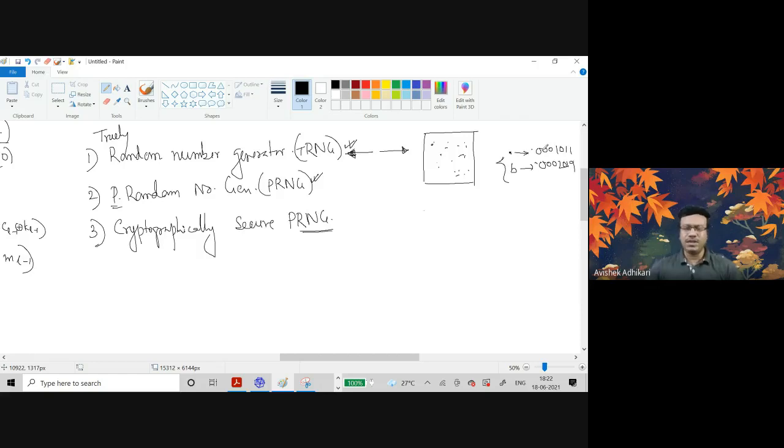Maybe you can, but with very low probability. Even the person who tossed the coin cannot reproduce the same thing at the receiver end. So this cannot be used for practical purposes.